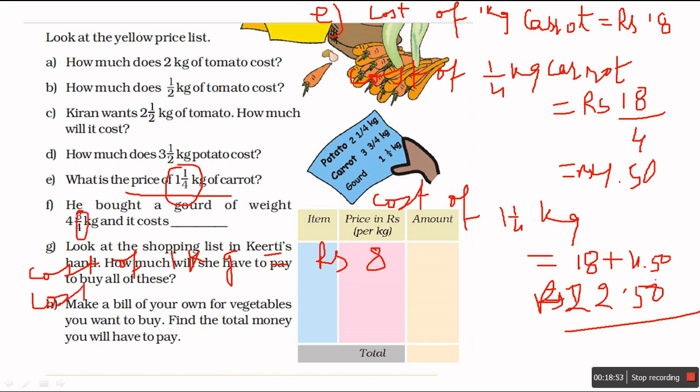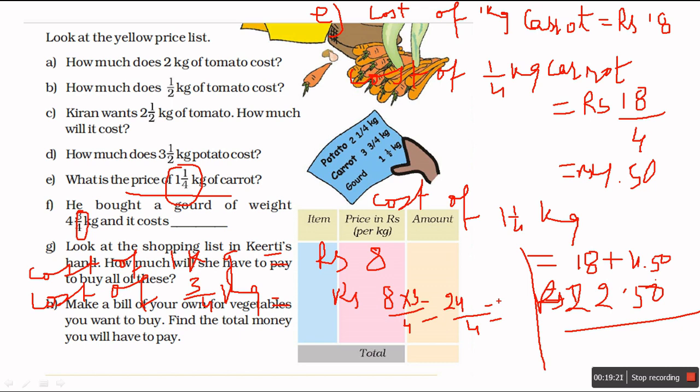So cost of 3 quarter kg, we will multiply directly with the fraction. 8 multiply 3 by 4, and that is 8 3s are 24 divided by 4, that is rupees 6.